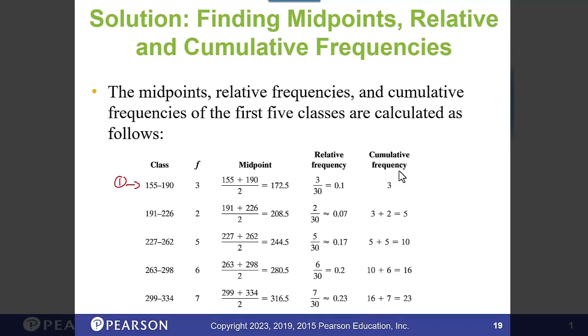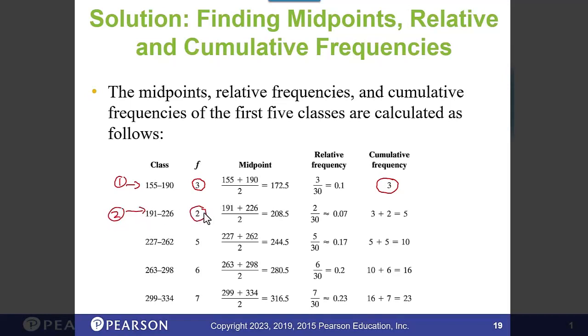And we haven't talked too much about the cumulative frequency, but you're going to find out it's really easy. Notice that there are 3 in this class. That means up to that point, this is the first one, it's just 3. Now the second class, you've got 2 items.